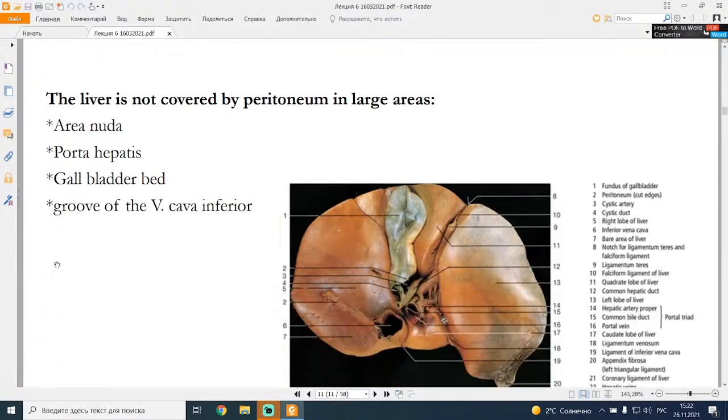The liver is not covered by peritoneum in large areas. This is the area nuda.